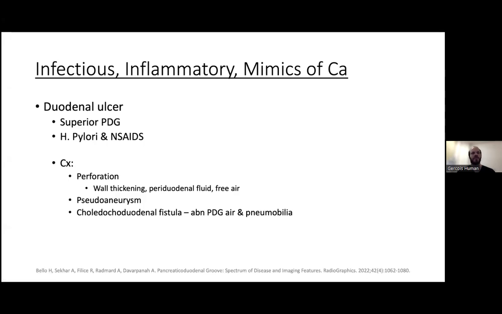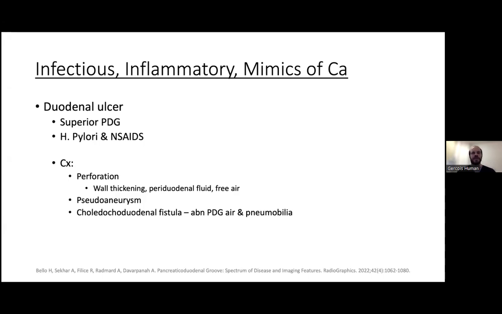Duodenal ulcers are situated normally in the duodenal bulb, which is at the superior edge of the pancreaticoduodenal groove. Ulcers might actually be quite occult and only become evident when they perforate. This will be seen as wall thickening, some fluid as indicated by low density, and then extraluminal air.